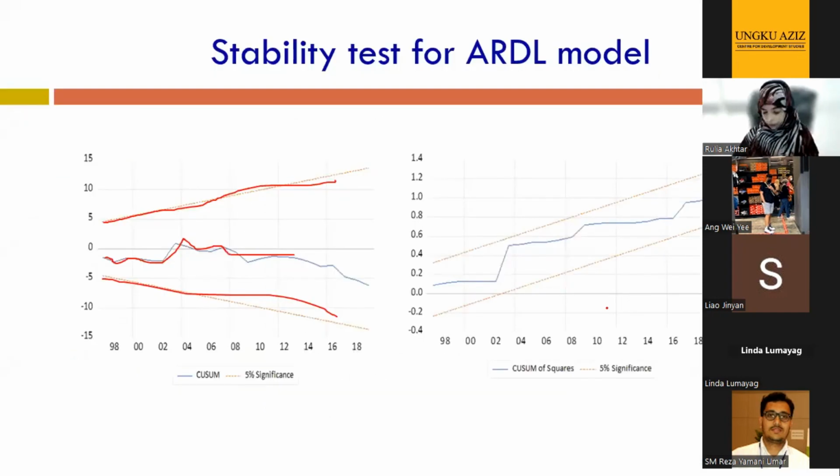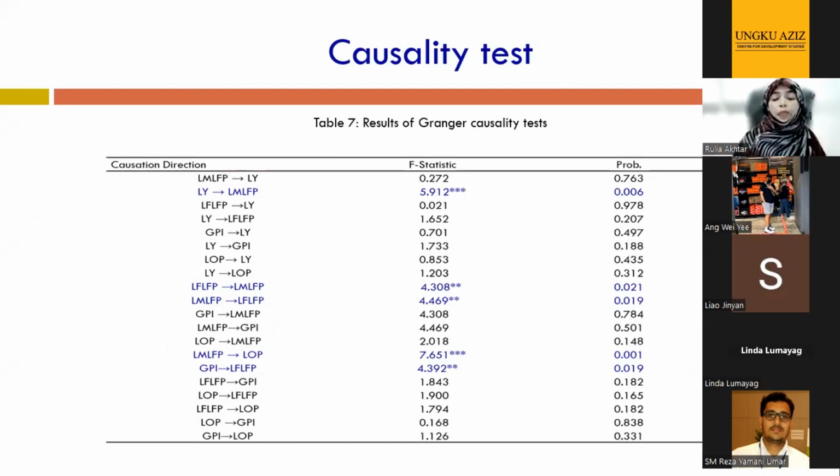Okay. So here, after that, the causality test. As I have already mentioned, either there is a one-way relationship or a two-way relationship between the variables.